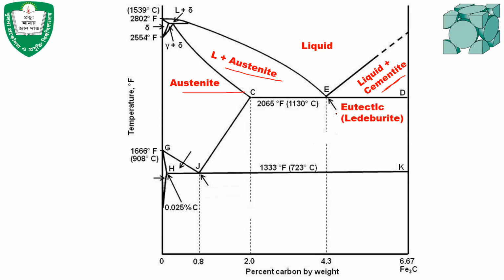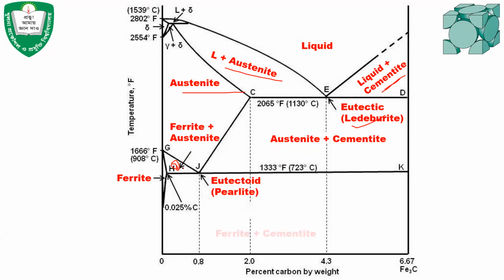After the eutectic reaction, the product that is formed at this temperature is called ledeburite. In this region there will be austenite plus cementite, a mixture of austenite and cementite. Here the alpha iron is also called ferrite, and this region indicates a two-phase region of ferrite and austenite.